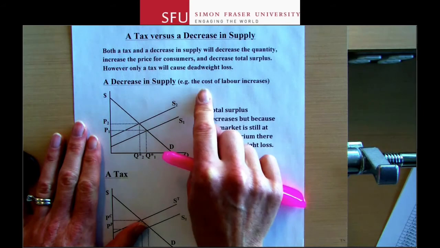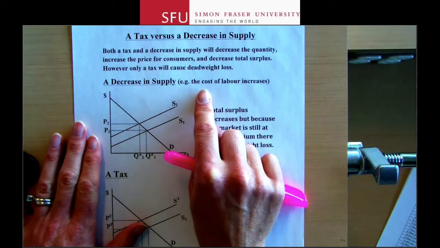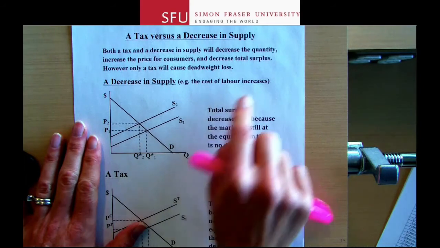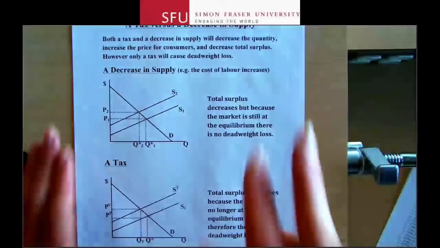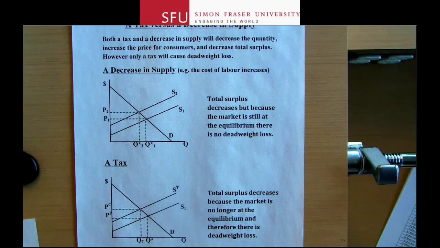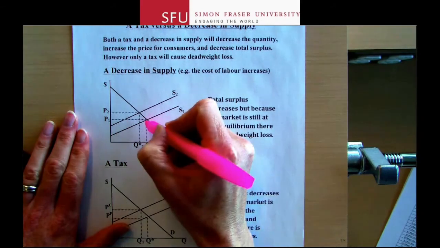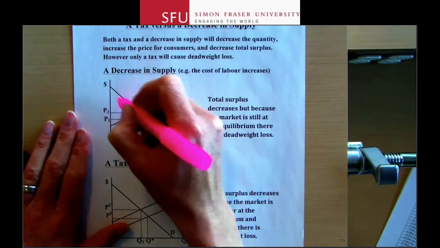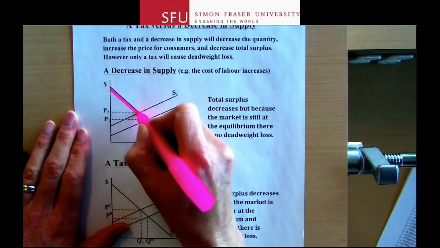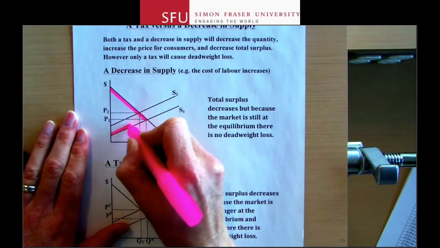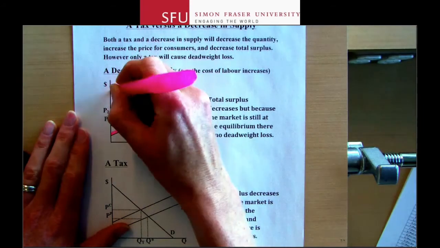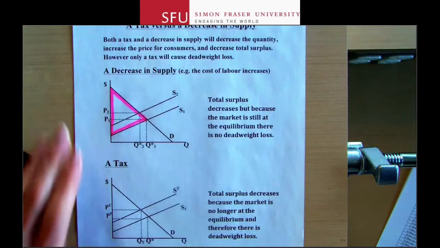Okay, so for example here, the cost of labor increases. All right, now there's no tax here. So the original total surplus would be the triangle up to the original equilibrium between the benefit to the consumer and the original cost of production. So this would be the total surplus before.